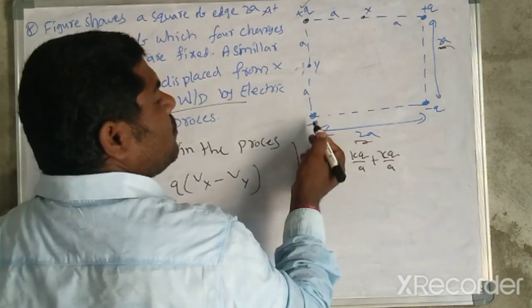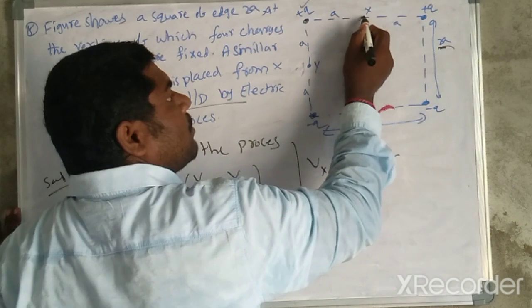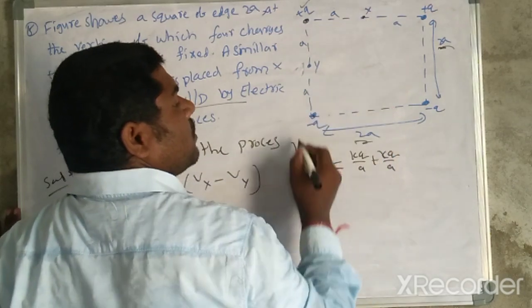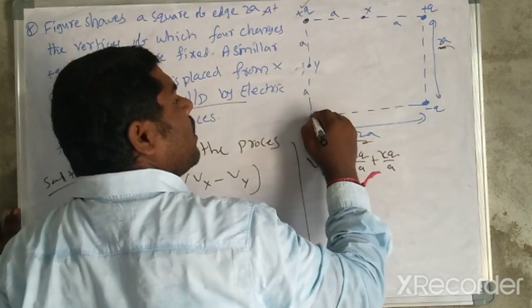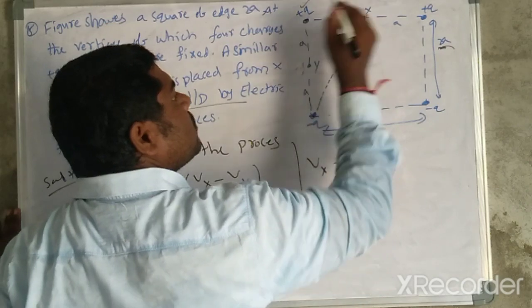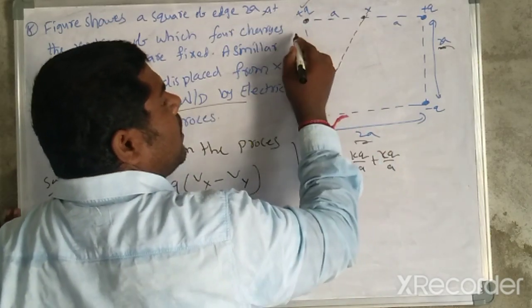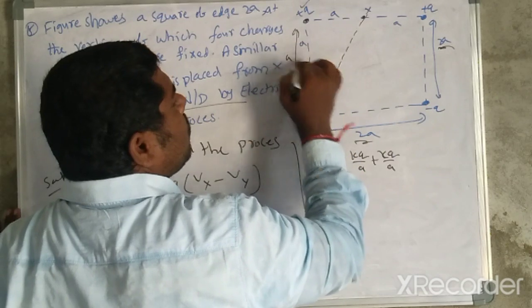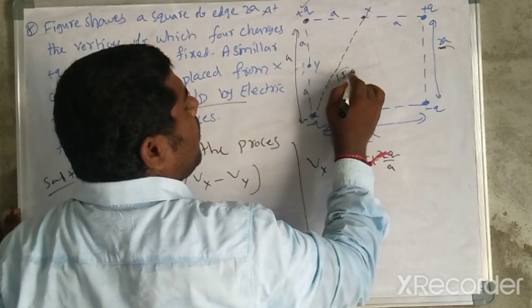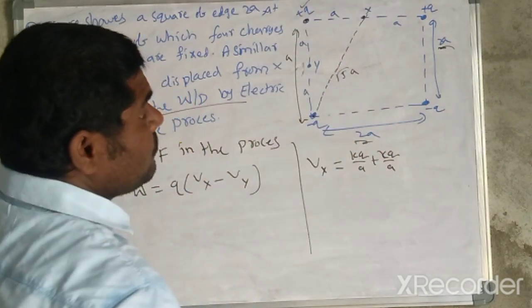Similarly, due to this charge, the distance is a here and 2a here, so in total this distance is root 5 a.